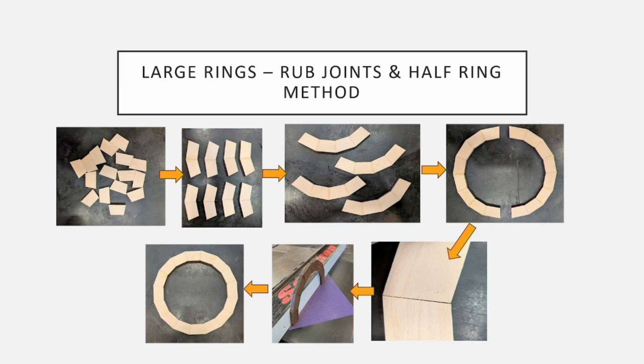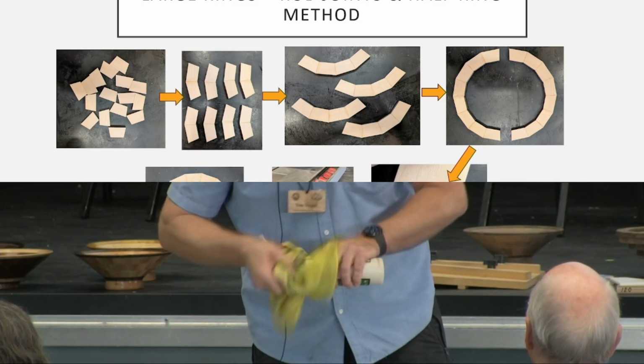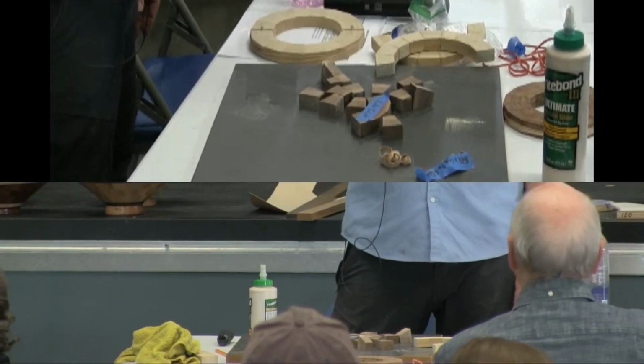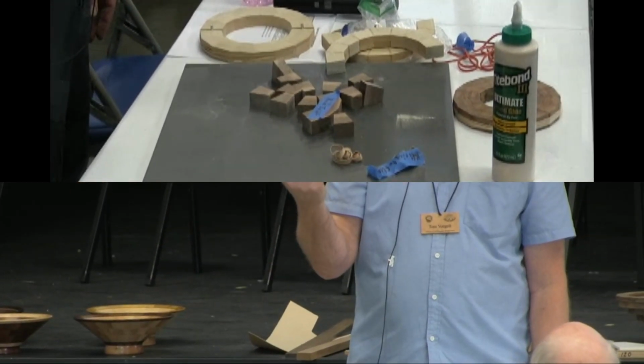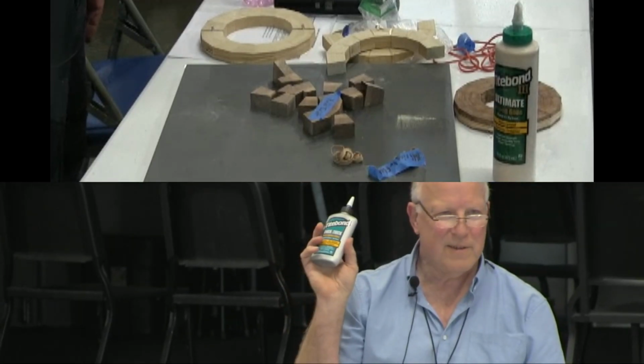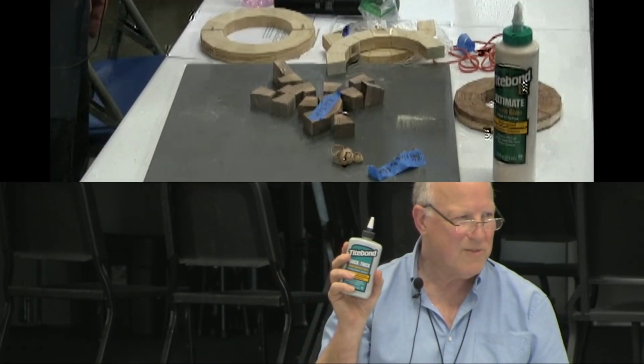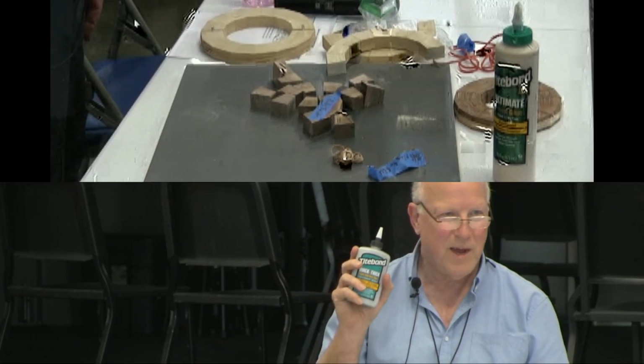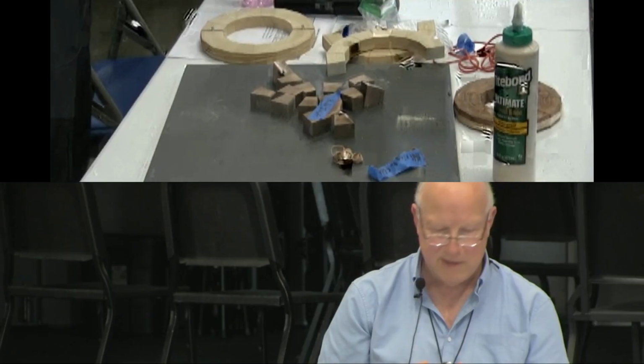This here, I should wet this off. This is where I would probably go to a different glue. This is Titebond Quick and Thick. They claim that it dries twice as fast. I don't need a long open time on this one, on a rub joint. As a matter of fact, I want it to dry as fast as it can.